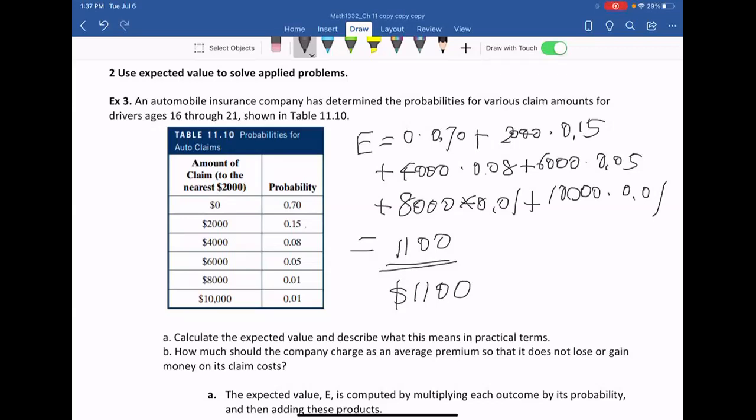The second question, how much should the company charge as an average premium, so it does not lose or gain money on its claim cost.